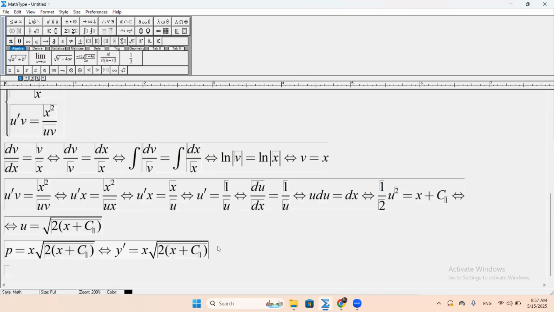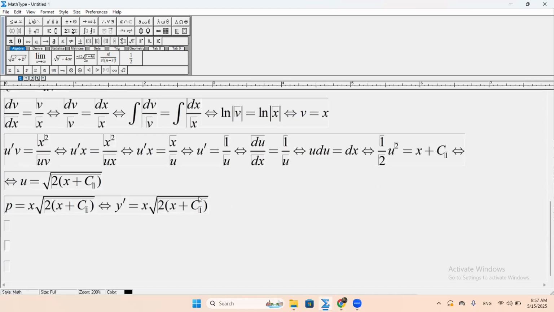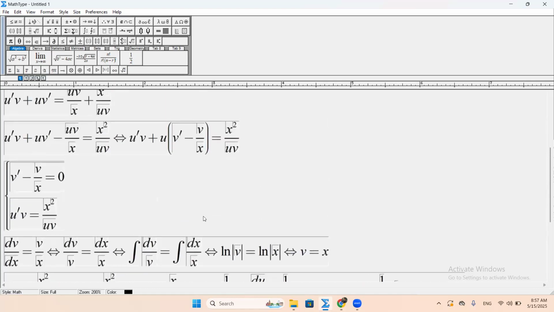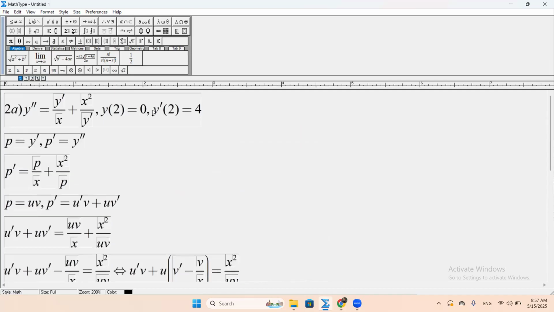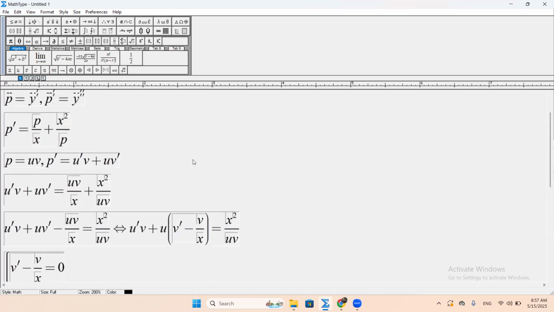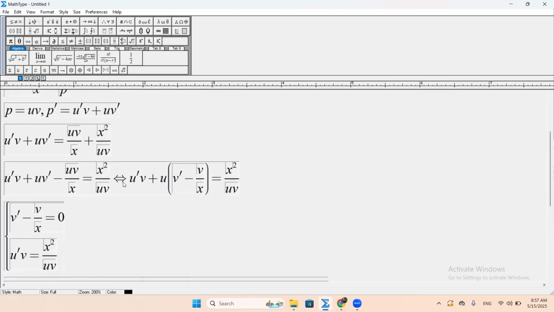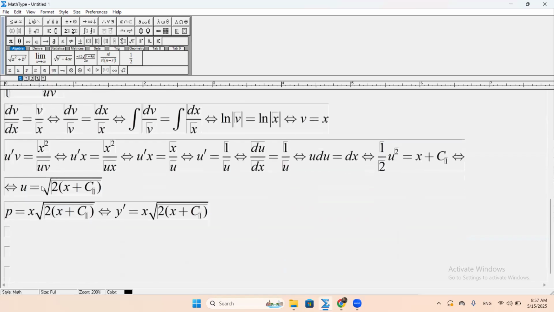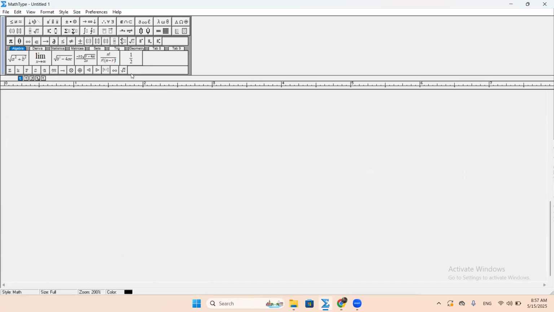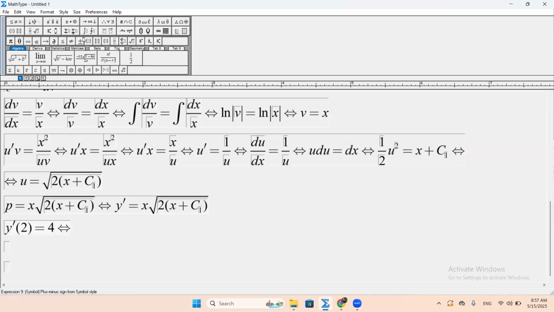And what do we have now? First let us find c1, using this initial condition: y prime at 2 equals 4. As y prime at 2 equals 4, we have that 4 equals 2 times the square root of 2 times (2 plus c1).